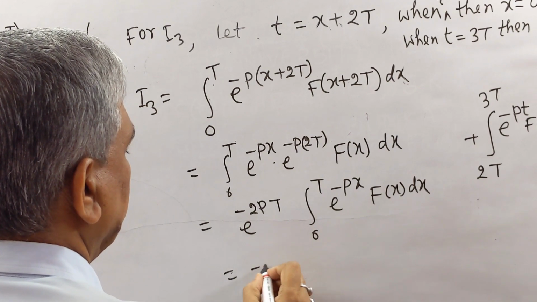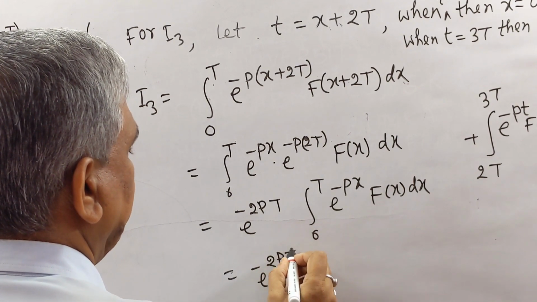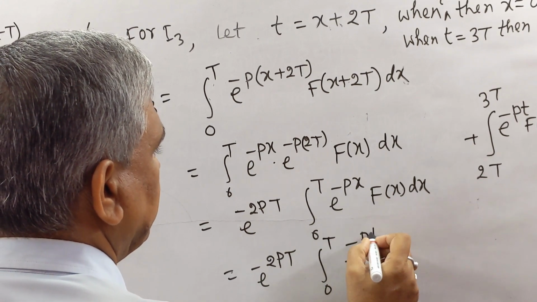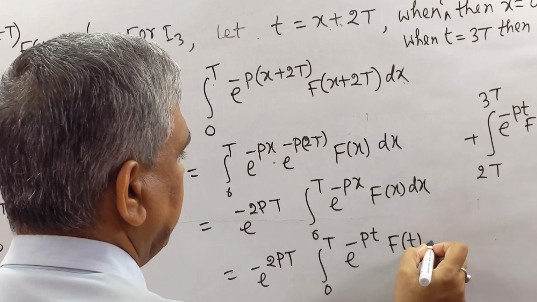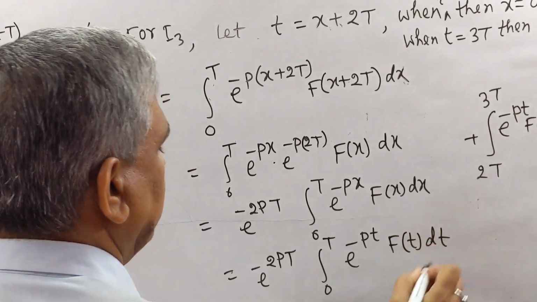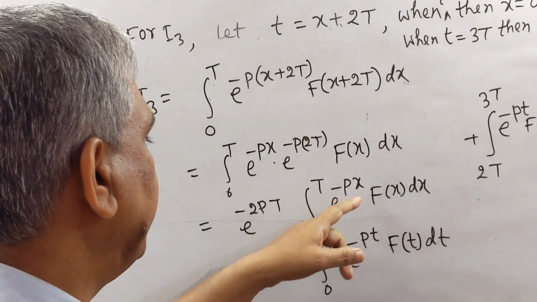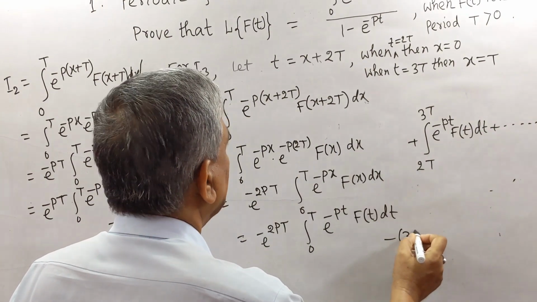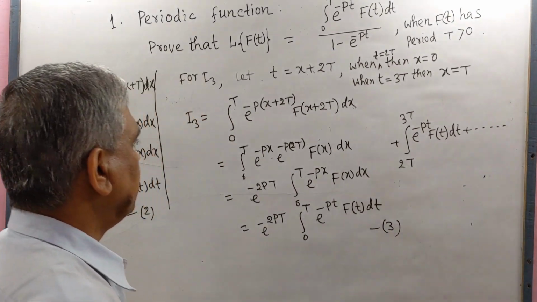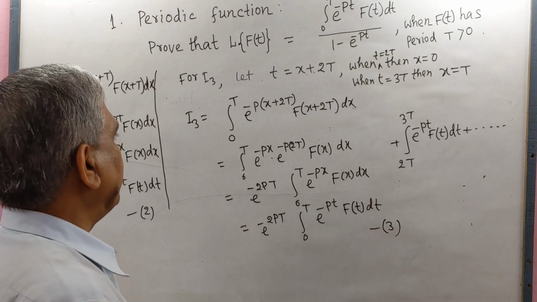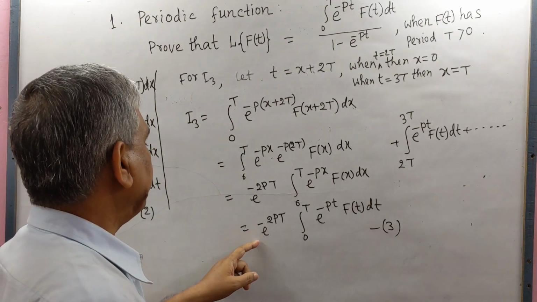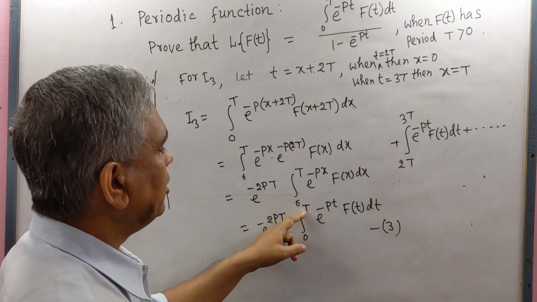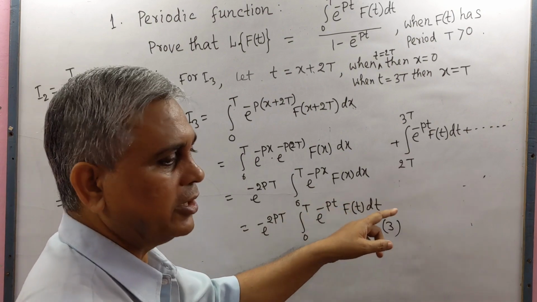We replace the variable x by small t. So this is number 3. We will get a similar result for I4: e to the power minus 3pT times the integral from 0 to T of e to the power minus pt f(t) dt, and so on.